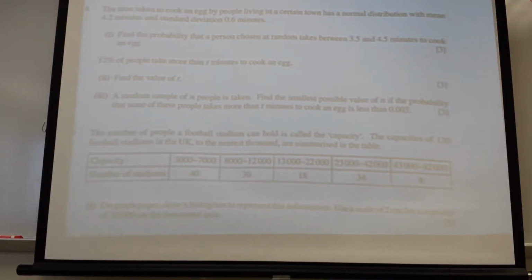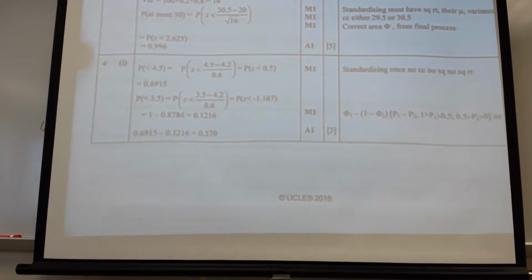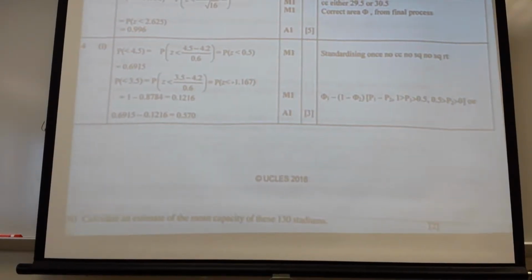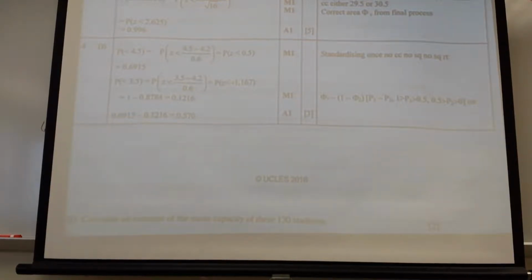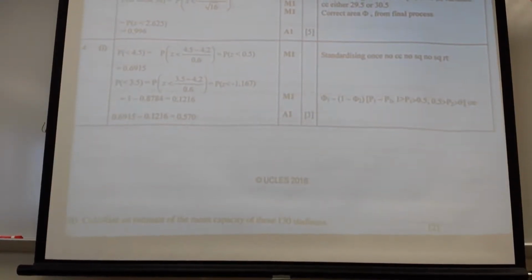So, how do we start? The first thing we're going to do is our z-tables. Is everybody cool with setting it up? Looking at your normal distribution curve, you know it has to be between 3.5 and 4.5.